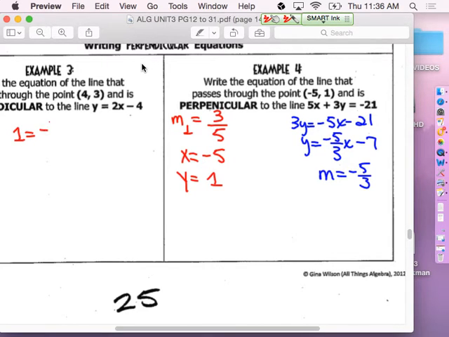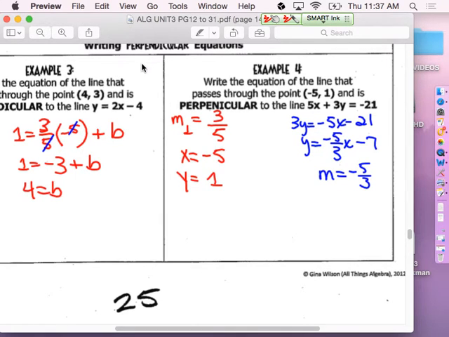+1 set equal to 3/5 times -5 for y equals mx plus b, allowing you to solve for a new b. So the 5's will take each other out. The negative remains. So I now have 1 equaling -3 plus b, adding 3 to both sides, b is 4.